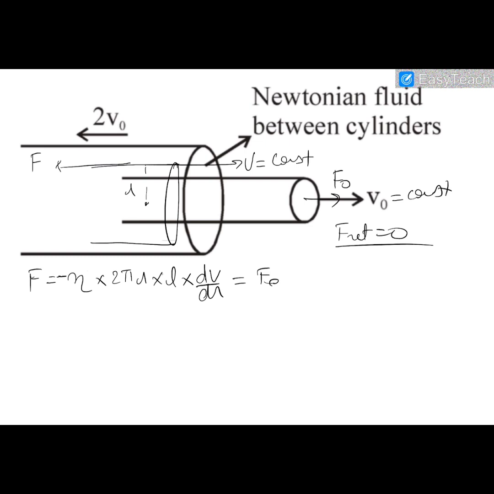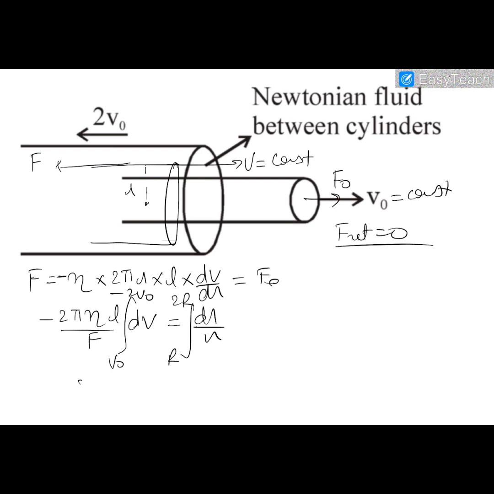The velocity gradient will be negative because as we move away from the common axis of the cylinders, the velocity is decreasing. So we can say that 2 pi neta L by F0 into dv with a negative sign is equal to dr by r. Integrating both the sides, the limit of the radius will be from capital R to 2r, and the limit of velocity will be from v0 to minus 2v0, because these velocities are in opposite directions.